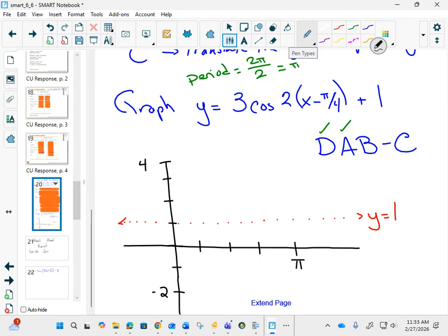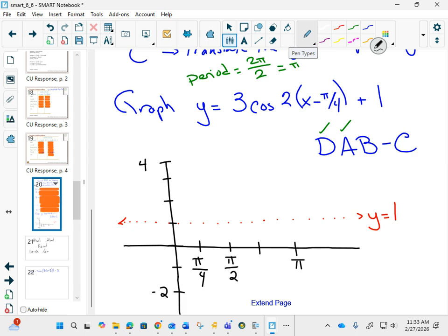So if my period is pi, the next one that I always label is the middle one because it's easy to figure out. If this is pi and this is cut in half, would you agree that this is half of that, which would be pi over 2? Then I label the first one. Because if this is pi over 2 and I cut that in half, I would get pi over 4.